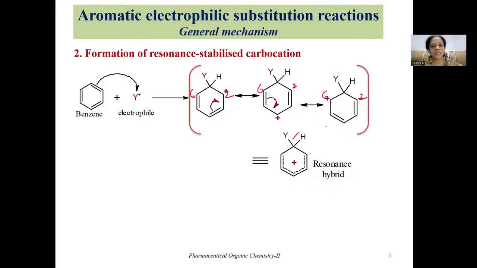So from all these structures, you can also make out that these 2 double bonds present in the resulting carbocation migrate between 2 to 6 positions. The positive charge is also migrating over 3 alternative carbon atoms. That is second carbon in the first structure, fourth carbon in the second structure, and sixth carbon in the third structure. So by combining all these features, we can give the resonance hybrid structure like this.